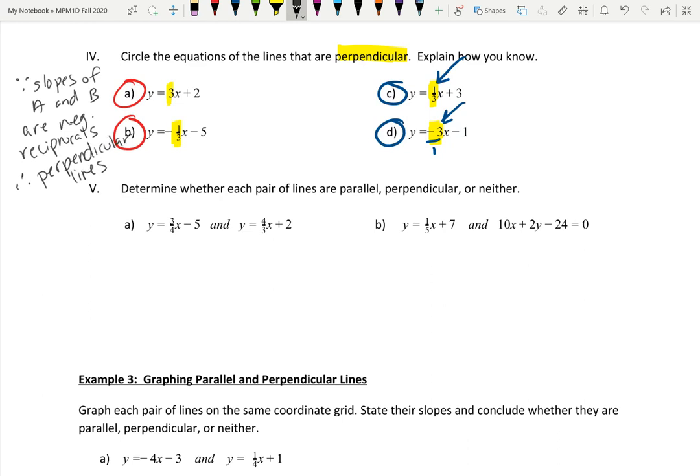Sorry, I'm just writing this on the side. And then I'm also going to write it here for C and D, the same thing. Since slopes of C and D are negative reciprocals, therefore these two are also perpendicular.